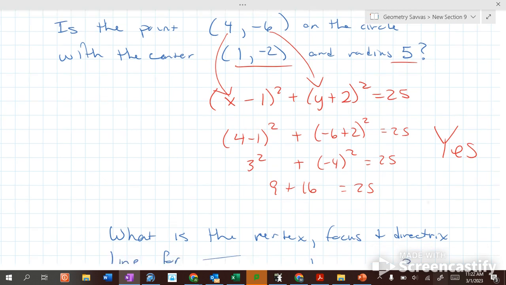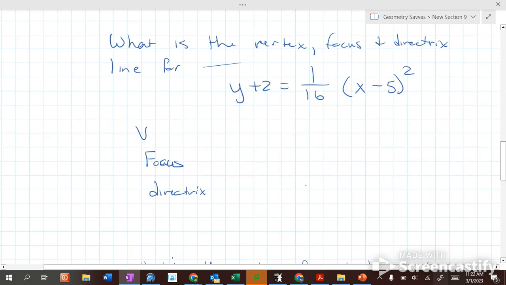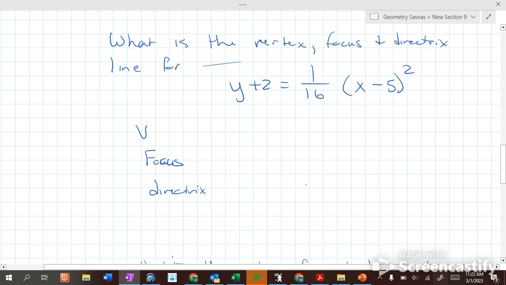Then we get to the stuff that we did Monday. What's the vertex, focus, and directrix line for this? Well, what is p going to equal here? What's p going to equal if it's 1 over 16? 4. So that means the focus is 4 above the vertex. So where's our vertex? Well, it's the opposite of this, opposite of this.